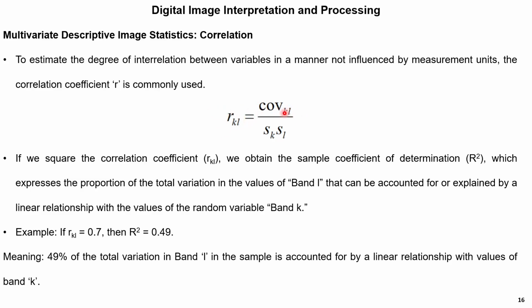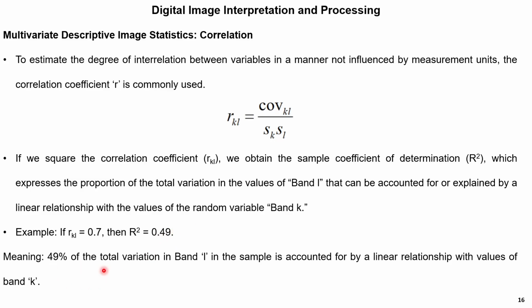So we can compare across different values. And if we square this correlation coefficient, we will obtain the coefficient of determination, that is nothing but your R square, which expresses the proportion of total variation. For example, if your correlation coefficient is 0.7, your R square will be 0.49.